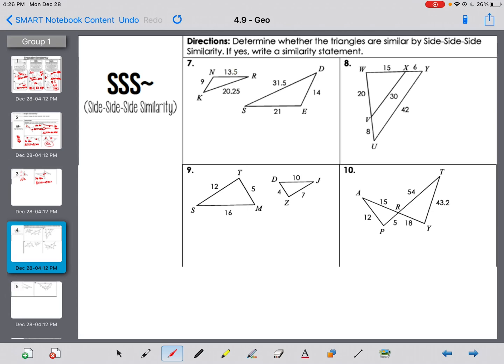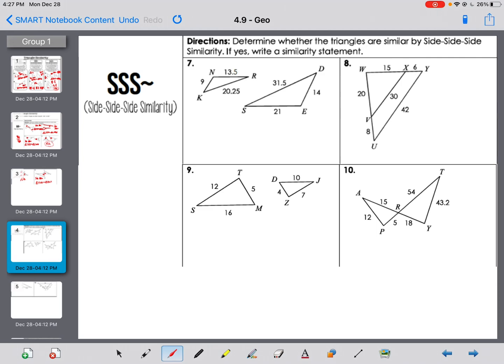Side. Determine whether triangles are similar by side. If so, name them. Put them in a similarity statement. Oh, this one. Kind of janky. So, we need matching pieces to match up. I think that N and E are going to be similar angles.